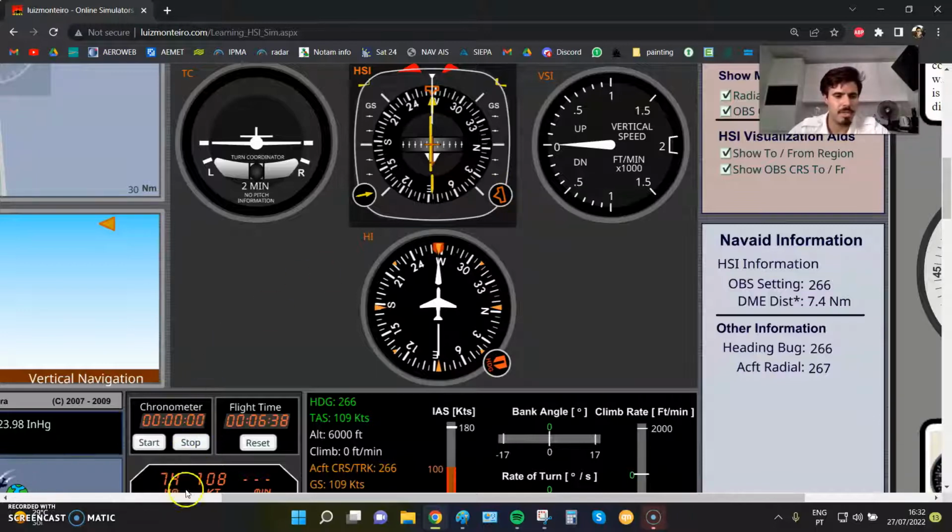We are here at 7.4 and approximately at 9.5, I'm going to turn left to follow this DME arc, and I'm going to follow it 10 radials at a time, always putting myself 90 degrees, following the scale.